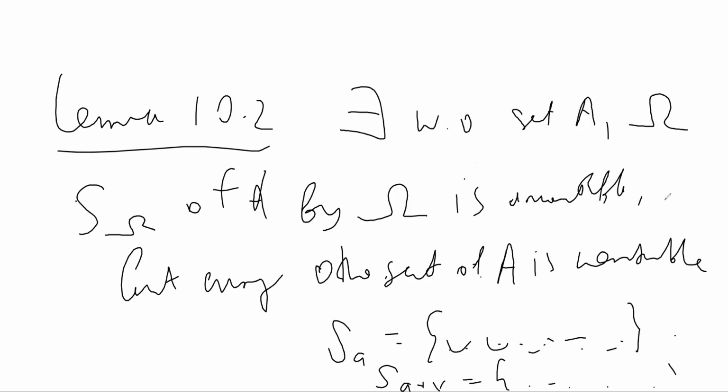Okay, so the proof of the lemma. Proof. We begin with an uncountable well-ordered set B. Okay, so we know it exists.